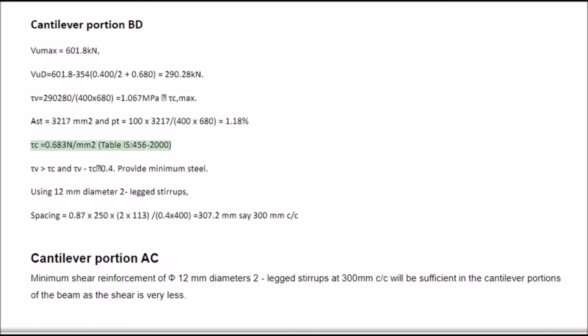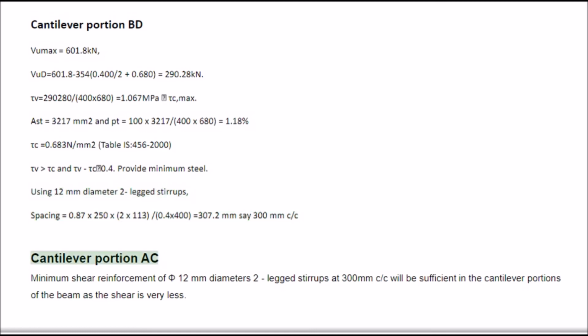Tau c equals 0.683 N/mm², Table IS 456-2000. Tau v greater than tau c, and tau v less than tau c + 0.4. Provide minimum steel. Using 12 mm diameter two-legged stirrups, spacing equals 0.87 x 250 x 2 x 113/(0.4 x 400) equals 307.2 mm, say 300 mm c/c.